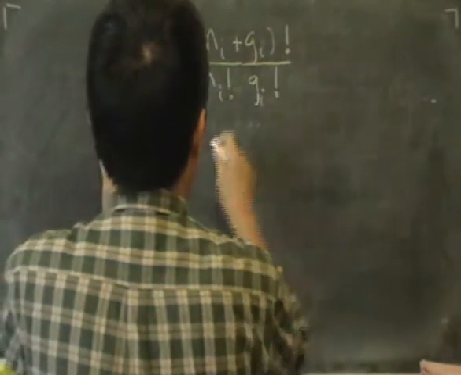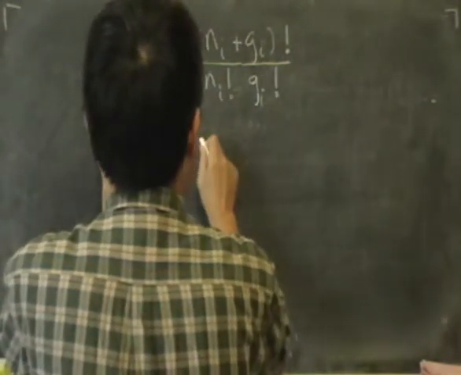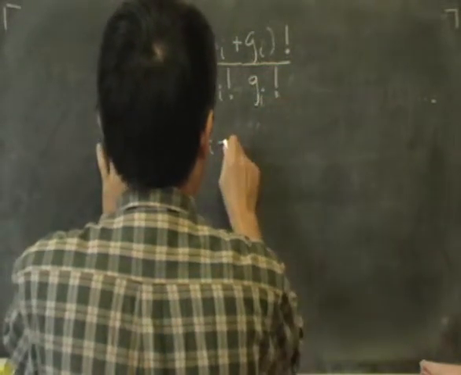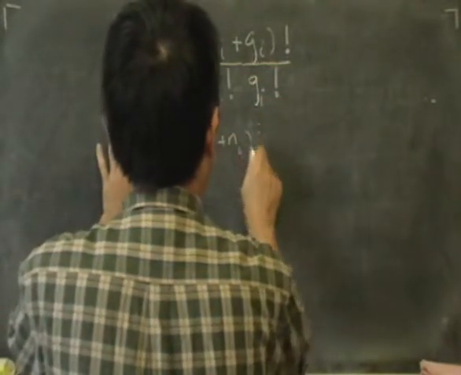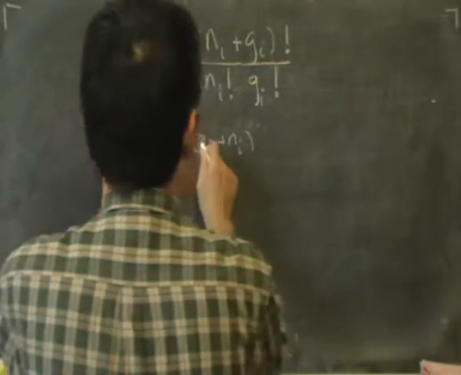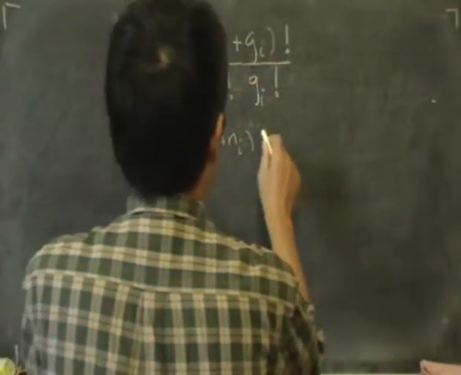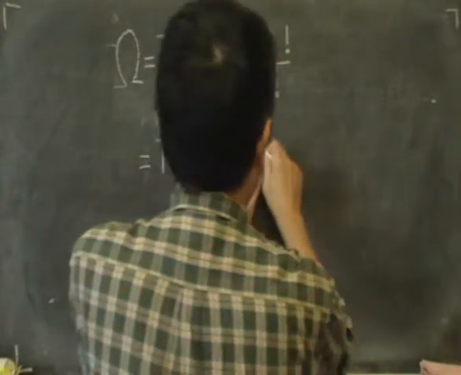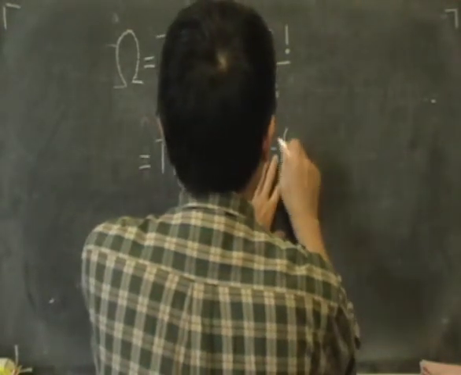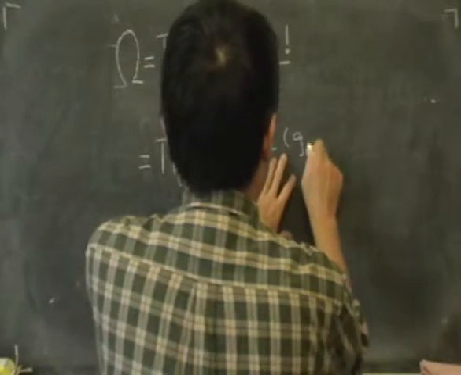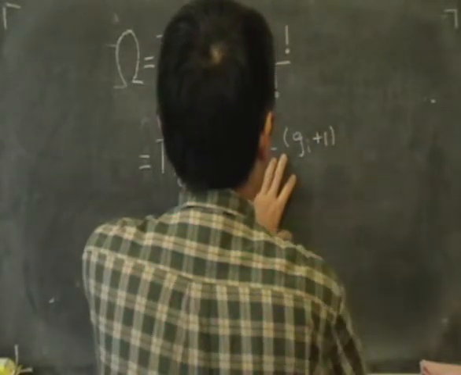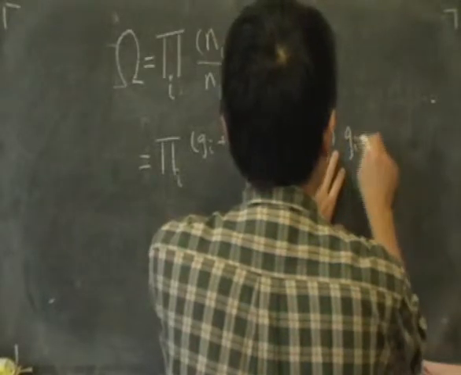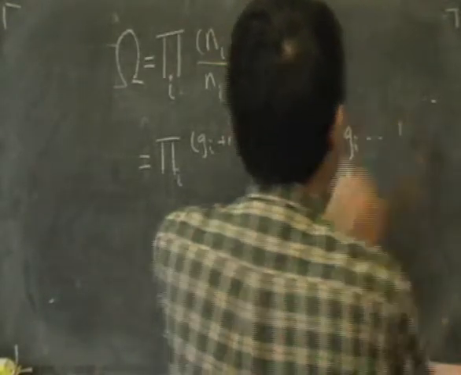The factorial in the numerator, I'm going to write it out this way, sort of in full. So it will be gi plus ni times the next smaller number and so on. Now I'm going to pick out gi plus 1 to write down, followed by gi and then dot dot dot all the way until 1.